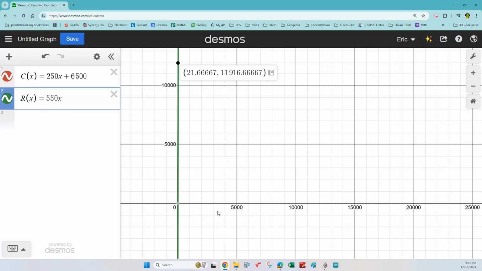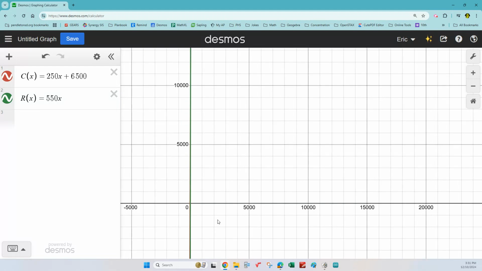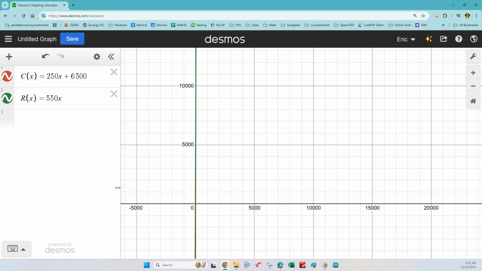Now, you don't have to do this, but that graph is not very convenient, is it? Why is that graph so bad? Because the value that we were looking for was only like 21.6, 21.7 if I round to one decimal place. Do I need my X values to go all the way back to negative 5,000 and up past 20,000?